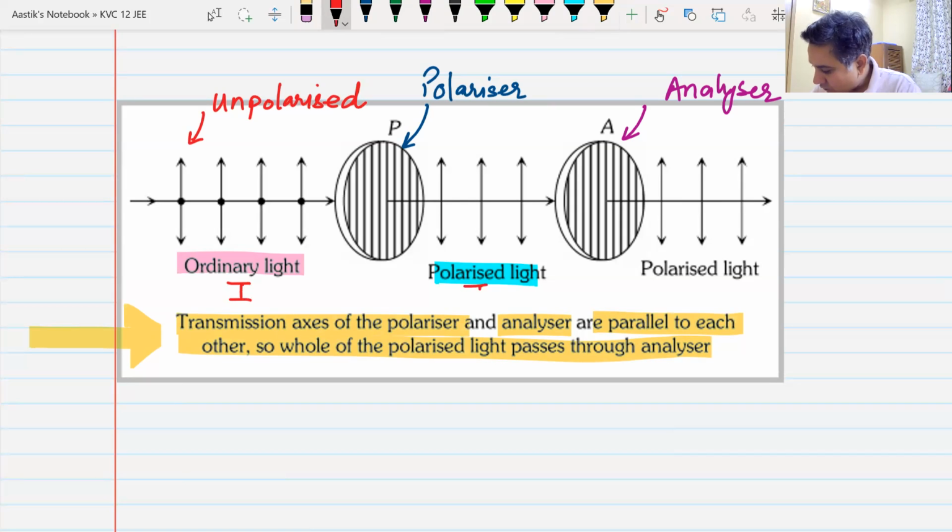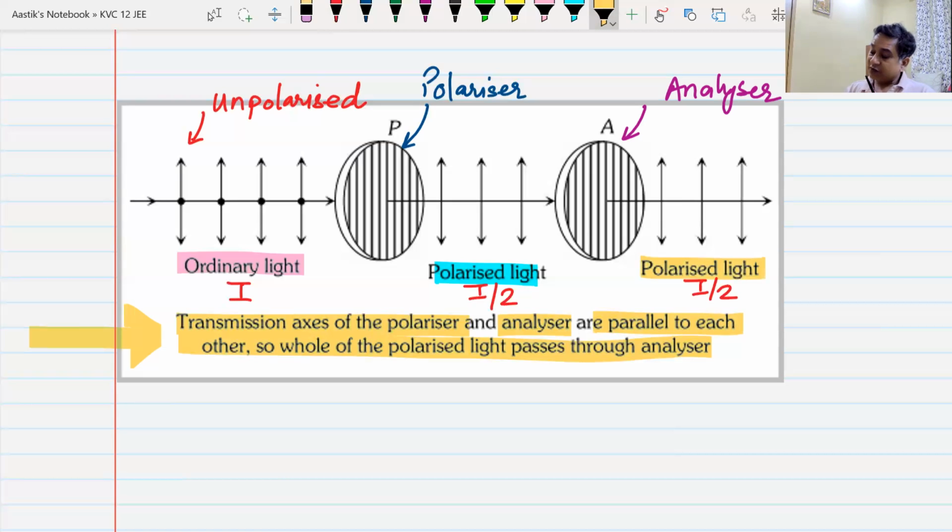Now after the analyzer, it will still remain I by 2, because the entire light is passing through. When it passes through the polarizer, it becomes I by 2 because one vibration, one axis is already gone. Do we understand this? You can remember it in that way.